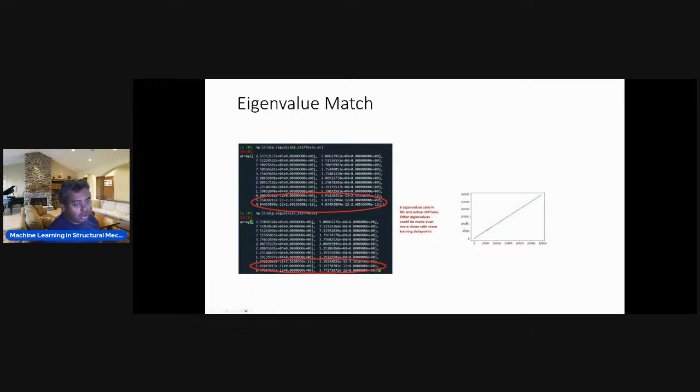When we plot these eigenvalues in an XY fashion, with the machine learning stiffness matrix eigenvalues on the x-axis and the actual finite element stiffness matrix eigenvalues on the y-axis, you can see that they lie on a 45-degree line.